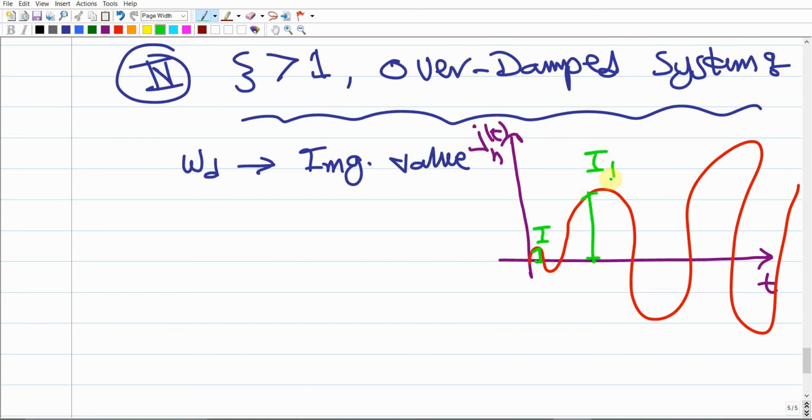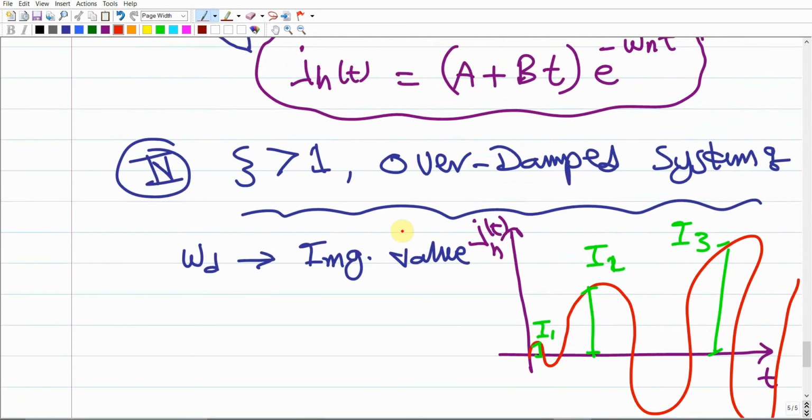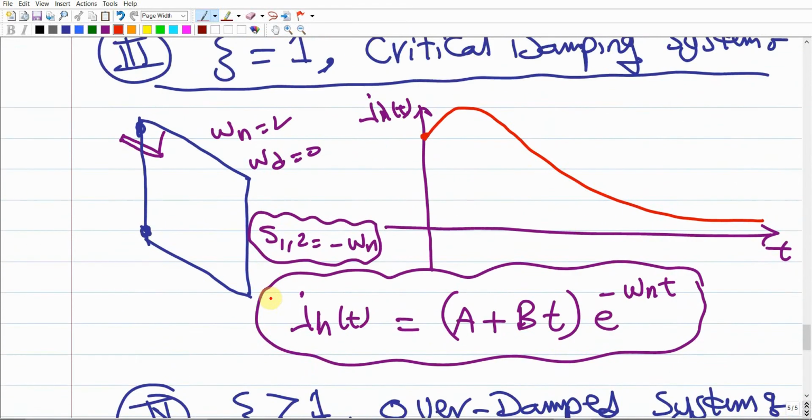This is amplitude 1, this is amplitude 2, this is amplitude number 3. So this is commonly known as the over damped system, where we have increasing amplitudes. Make sense? So this is increasing amplitude, and that's why it is not preferred, because it is unexpected behavior of the system. So these are 4 different cases.